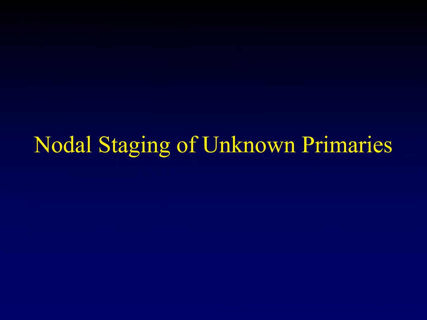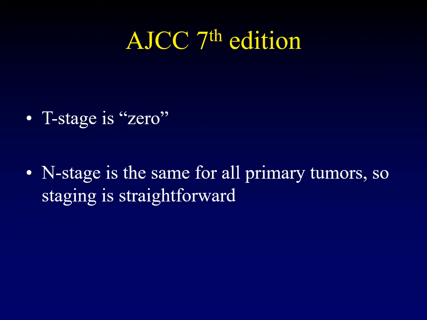Now let's turn our attention to nodal staging of unknown primaries. How do you stage something if you don't even know where the primary is? Well, in the 7th edition of the AJCC, we said that the T stage was equal to 0, that's an unknown primary, and the N stage is the same for all primary tumors, so the staging was straightforward. It didn't matter. You were using the same N stage all the time.